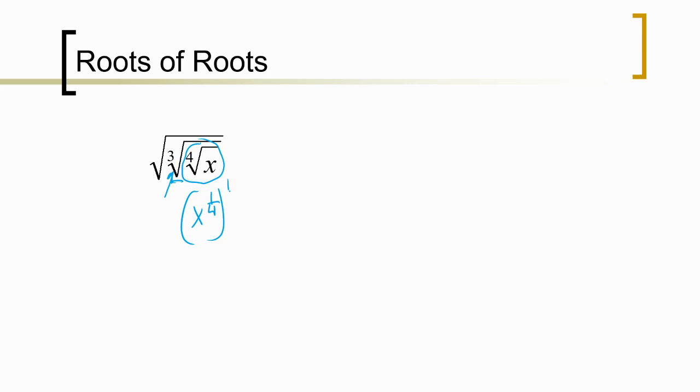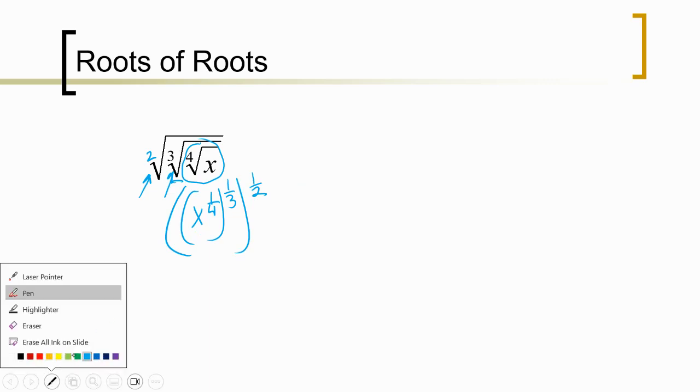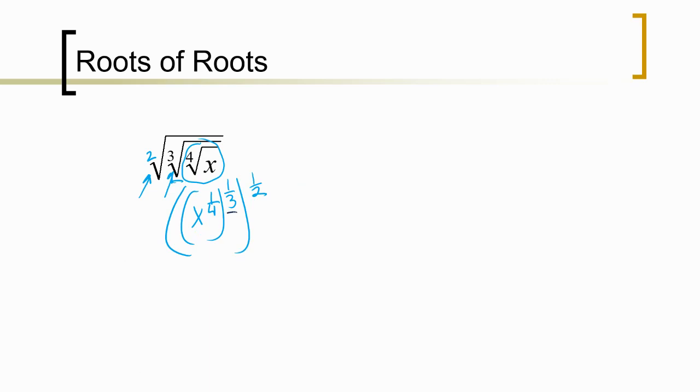Now it's to the 1/3 power. And then now we look out one more layer, that's a square root. So you put parentheses around that, and now it's to the 1/2 power. So this is really just x to the 1/4 to the 1/3 power to the 1/2 power, which ultimately just turns out to be x to the 1/4 times 1/3 times 1/2.